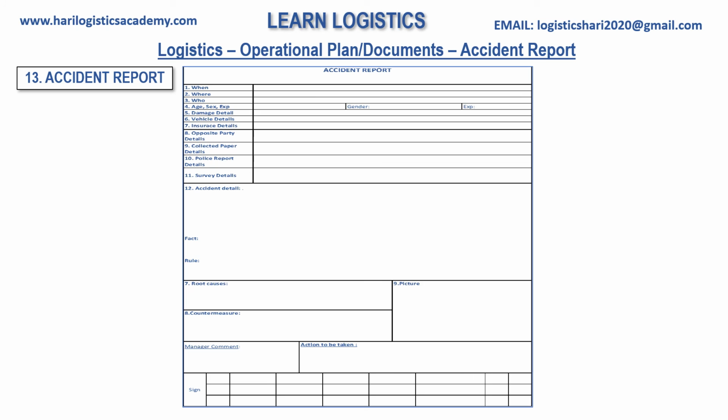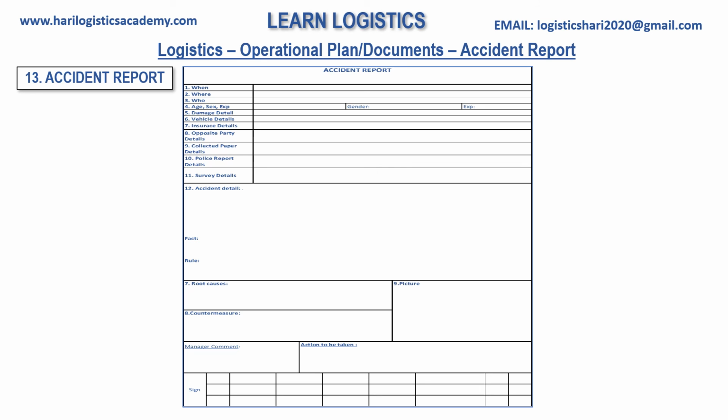If your management requests a particular format, you have to provide it to them. Then there is the accident report, or incident report we can say, because during working there may be some incidents or accidents which have to be reported to the management, to the quality department, or to the concerned statutory or regulatory authority.